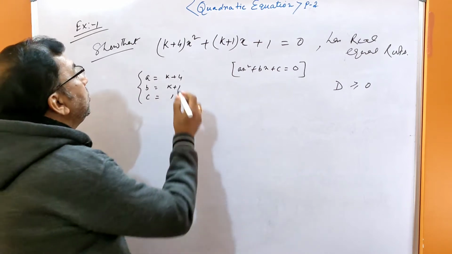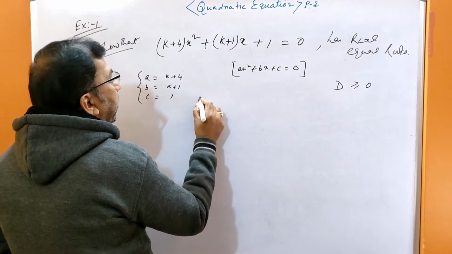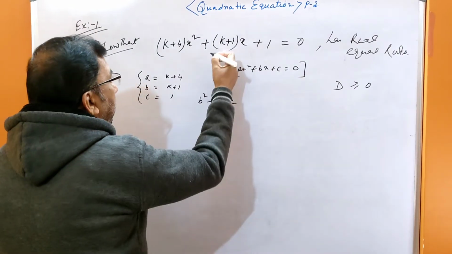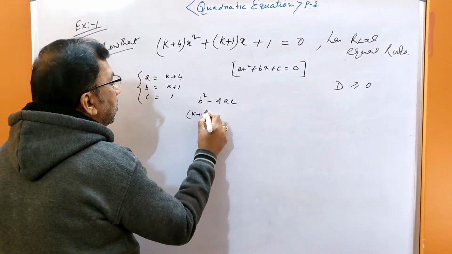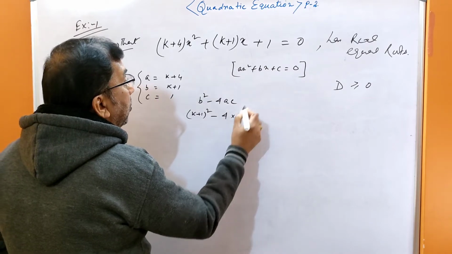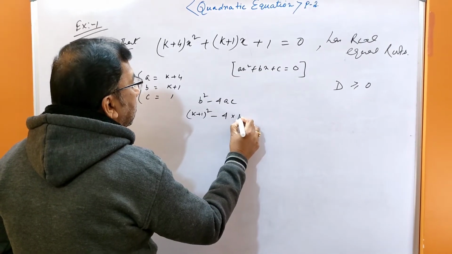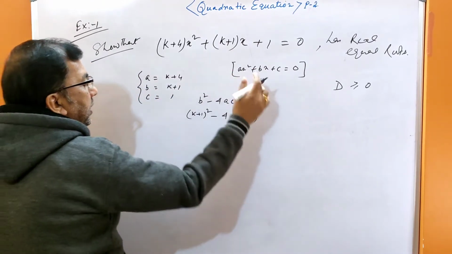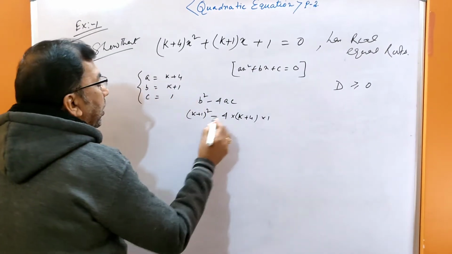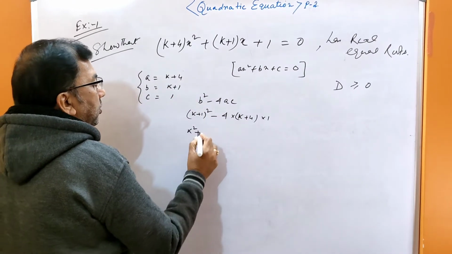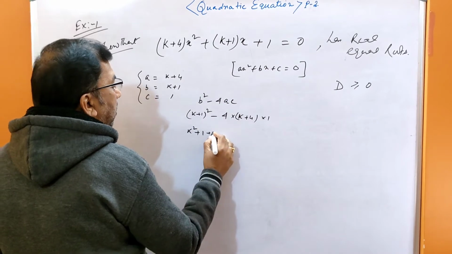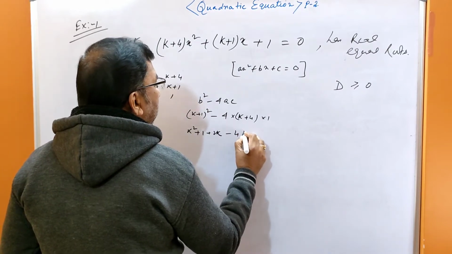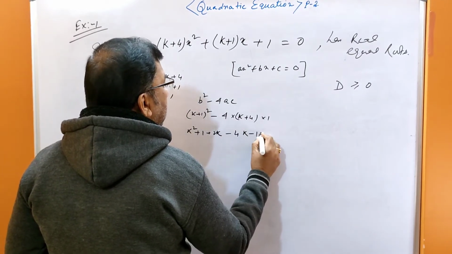Clear? So b square minus 4ac. b means k plus 1, whole square, minus 4 into a, that is k plus 4, into c, that is 1. What will it be? k square plus 1 plus 2k, minus 4k minus 16.